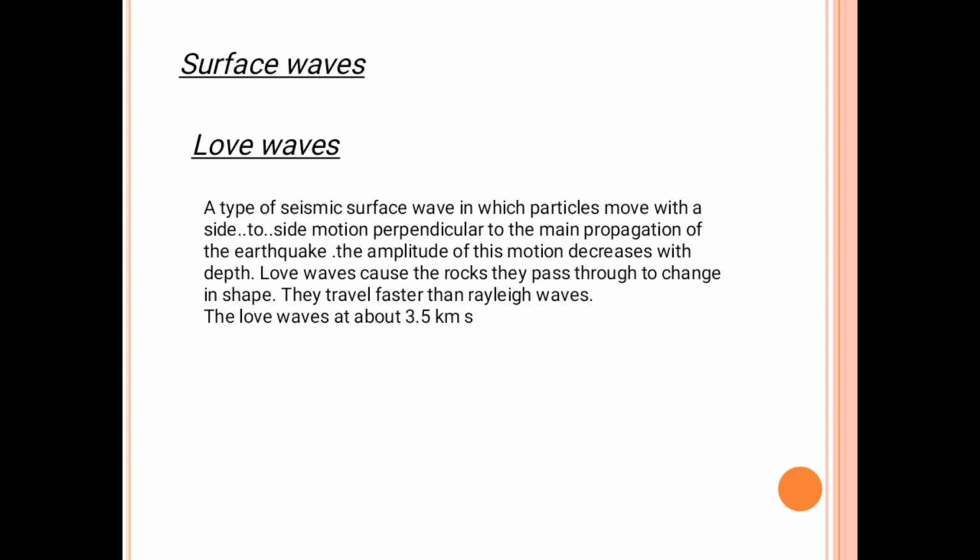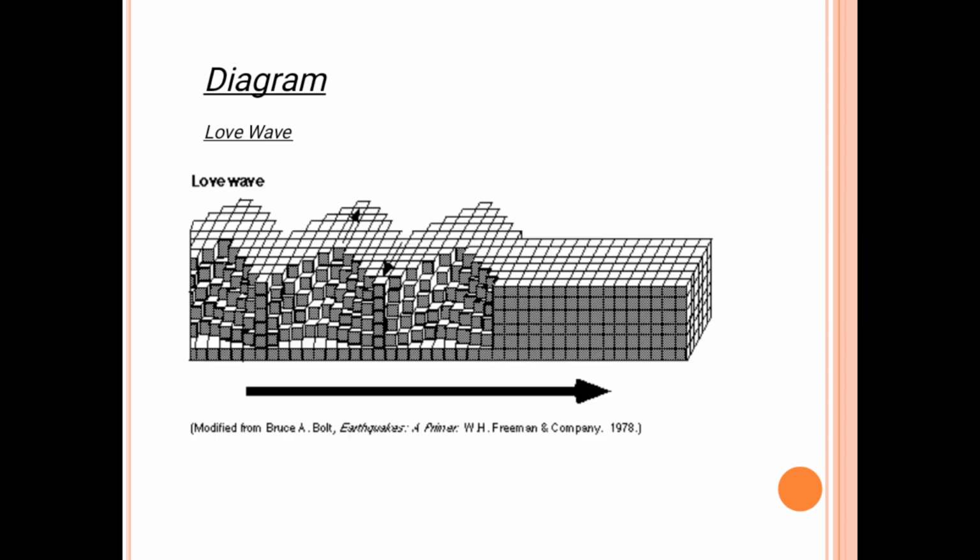The first kind of surface waves is called a Love wave, named after A.E.H. Love, a British mathematician. Confined to the surface of the crust, Love waves produce perpendicular horizontal motion. This is the diagram of the Love wave.